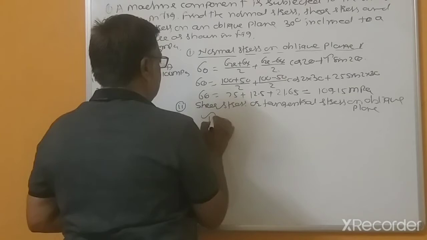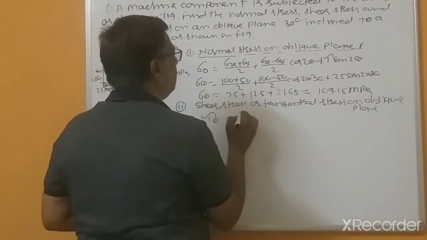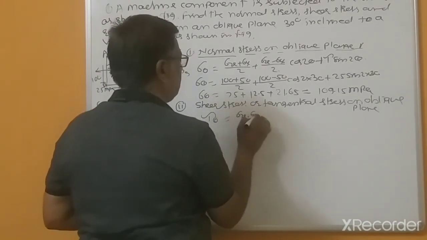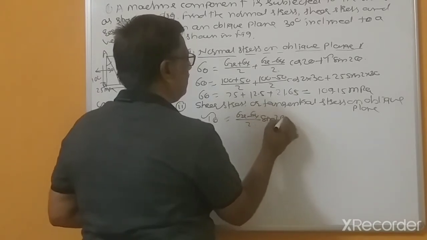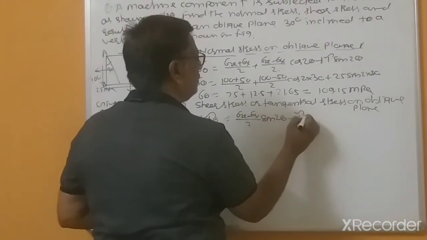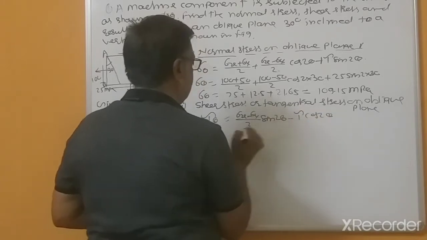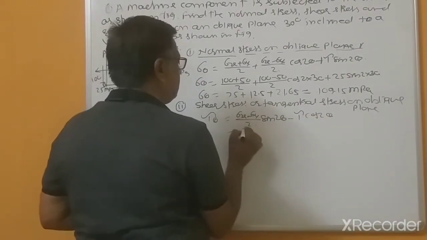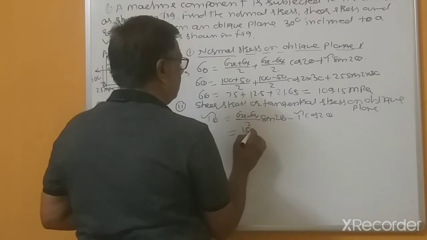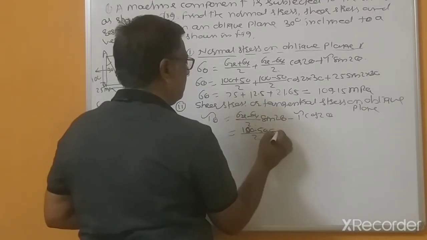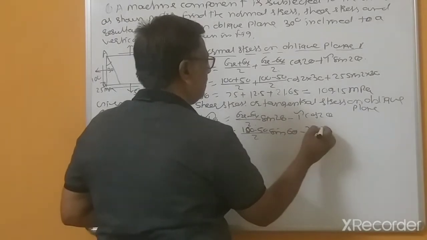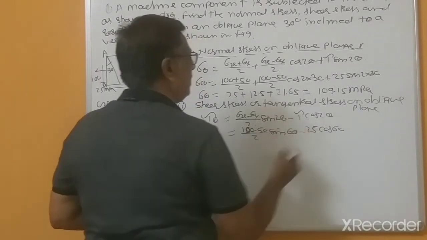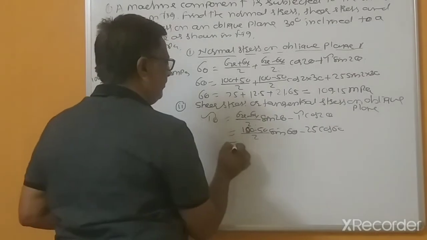So this is equal to tau theta equal to sigma x minus sigma y divided by 2 sin 2 theta minus tau cos 2 theta. So this is 100 minus 50 divided by 2 sin 60 minus 25 cos 60.